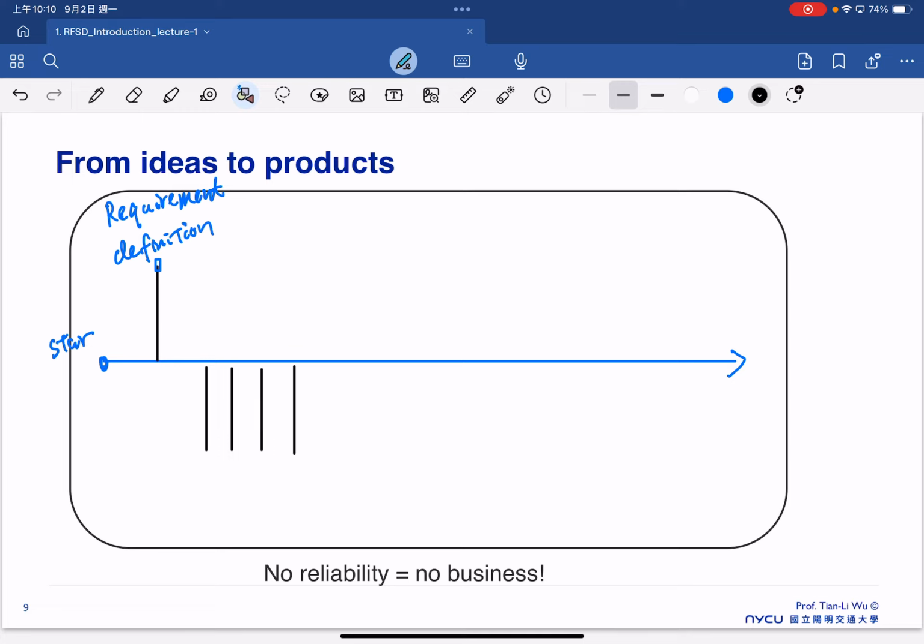In the end, you will probably come out with, like, 5 different concepts. So this is the moment of concept generation.